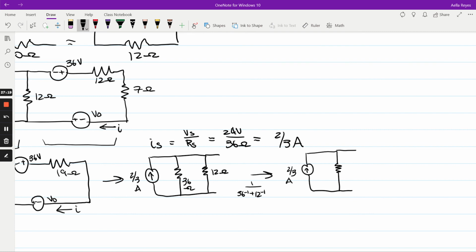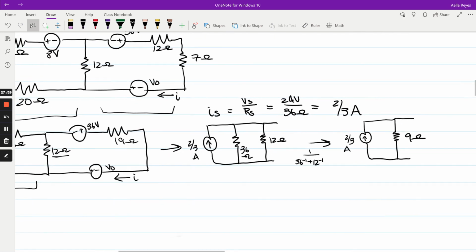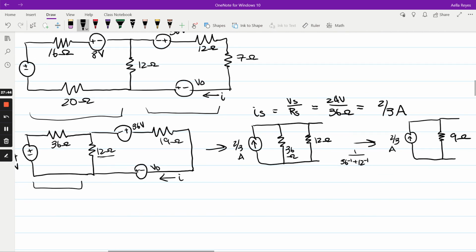I know there's a formula where you multiply them and then add them on the bottom, but I just like using the original formula because that's what I remember. You can use whichever formula you want, though, but that's going to become 9 ohms. Okay, so this is what the left side of the circuit looks like now.